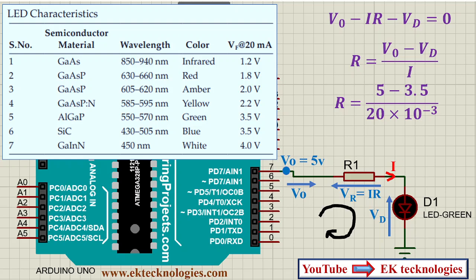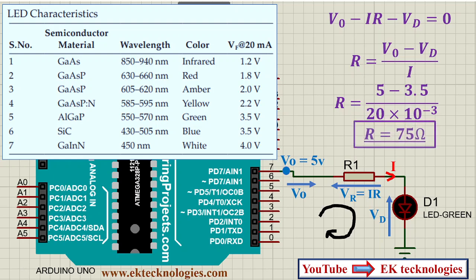Then inputting it in our equation gives us the value of the resistance, because green here has a voltage drop of 3.5 volts and the current here is 20 milliampere, which is 20 times 10 to the negative 3.